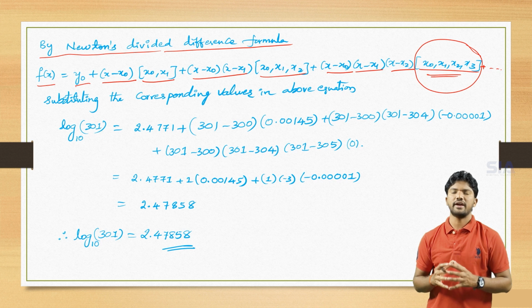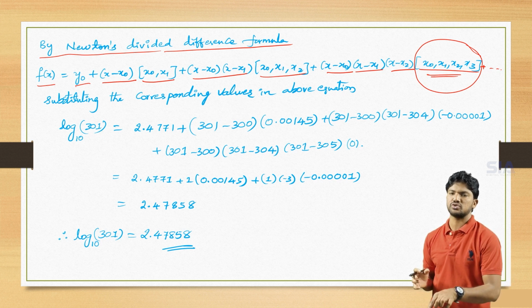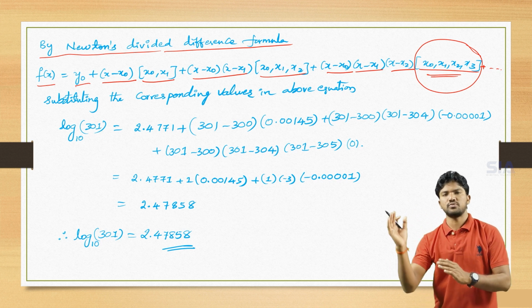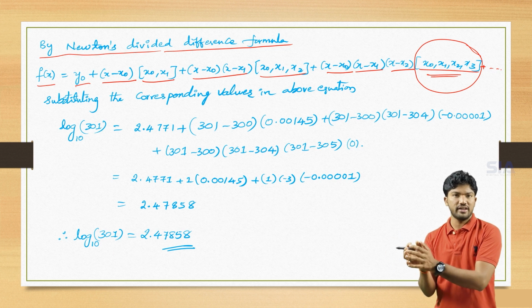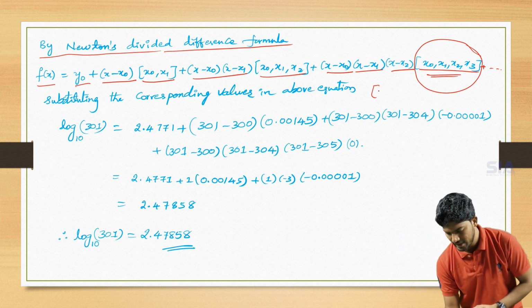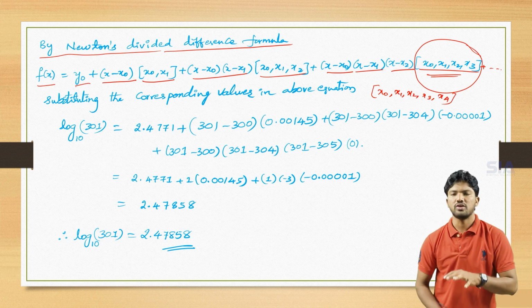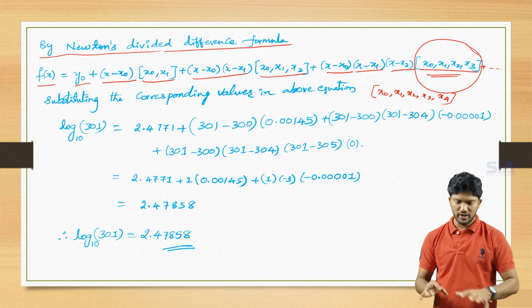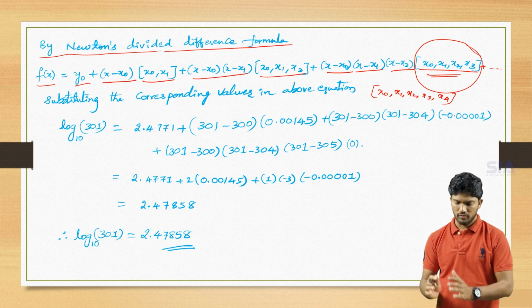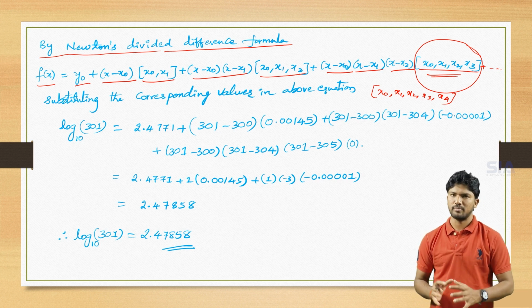If we had an x4 value, then we could take the fourth divided difference, [x0, x1, x2, x3, x4]. But for this problem we don't need the fourth divided difference. Up to the third divided difference we can take.